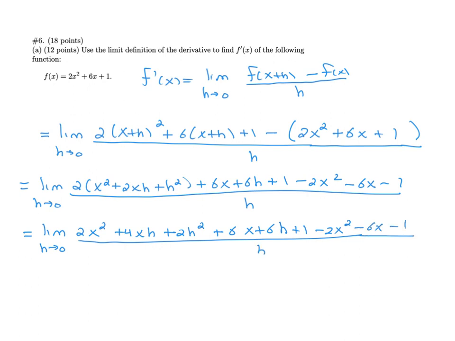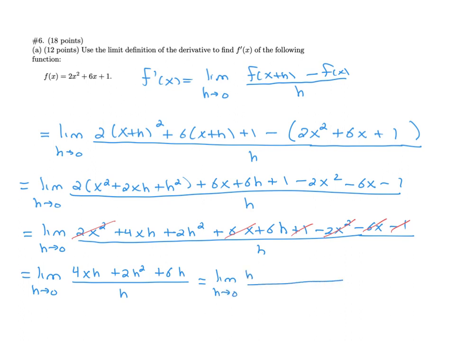And a lot of stuff should cancel. And it does. Those cancel. And so does this. And this. What is left over is the following. This is the limit as h goes to 0 of 4xh plus 2h squared plus 6h over h. I can now factor an h out from every term in the numerator.